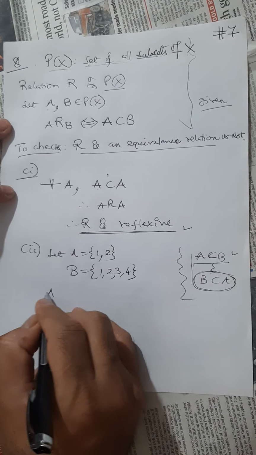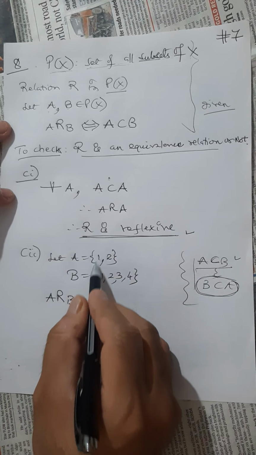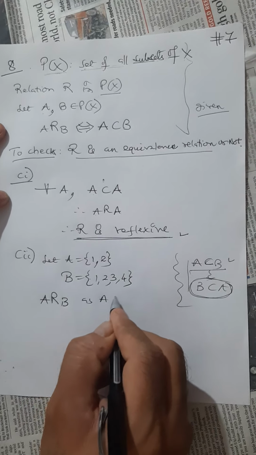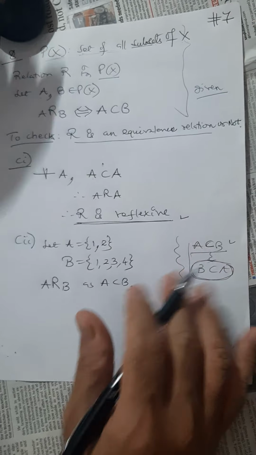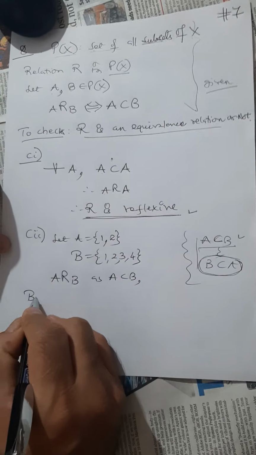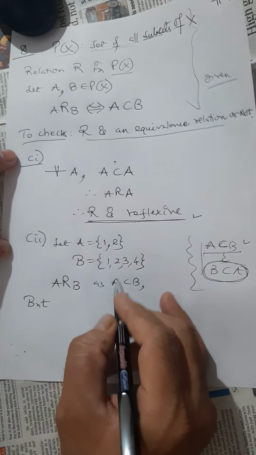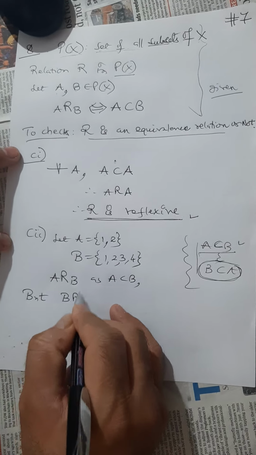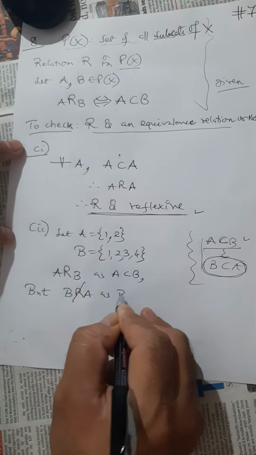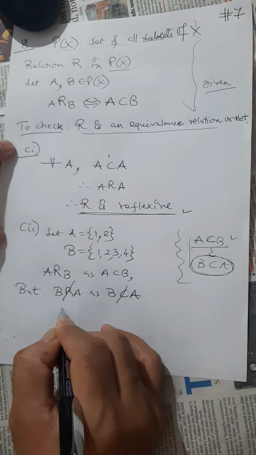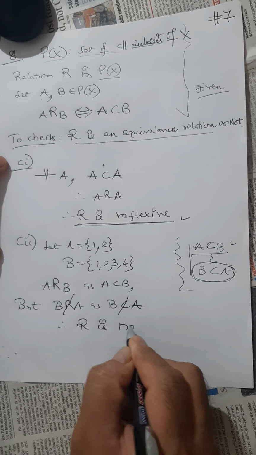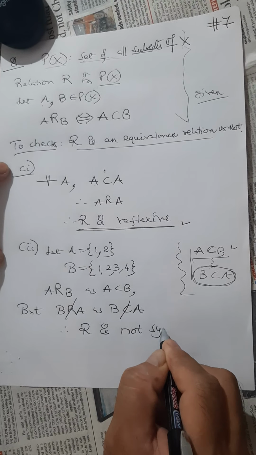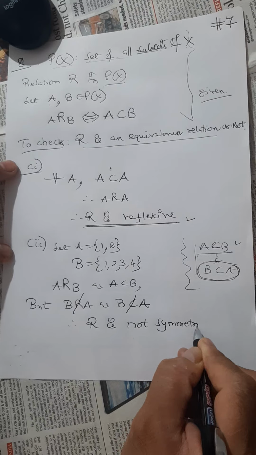So here A is related to B, because A is a subset of B. But you can see that B is not related to A. Why? Because B is not a subset of A. So the conclusion is, R is not symmetric.